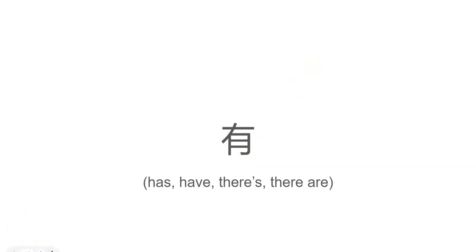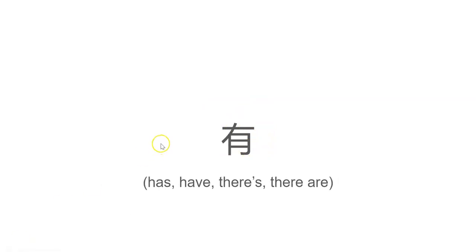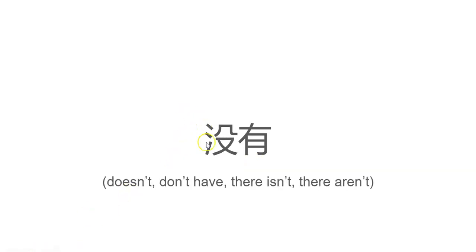Then how do I say I don't have? 我没有. Then how to say you have? 你有. Perfect. And how to say you don't have? 你没有.